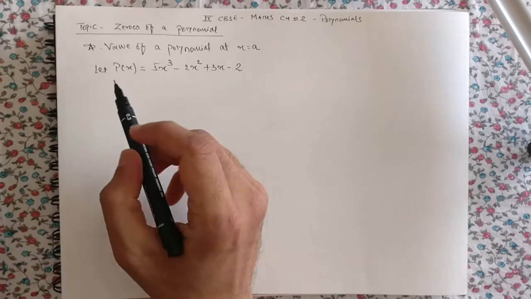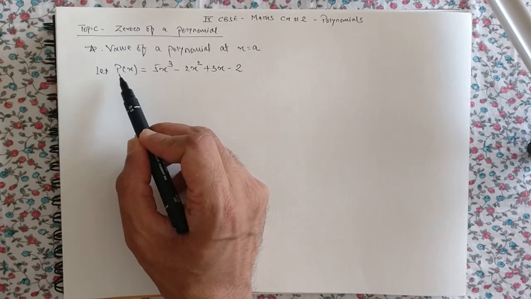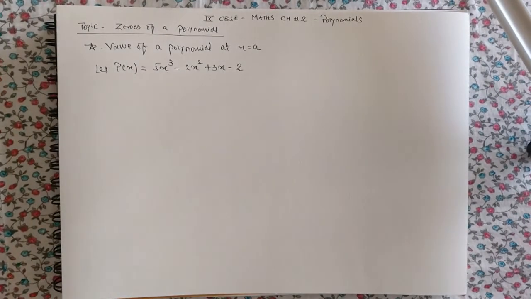Now just pay attention over here. What have I written here? P bracket x. And what did I call it? I called it p of x. Now understand this, that any polynomial is always given a name. It is always identified with the help of a name.